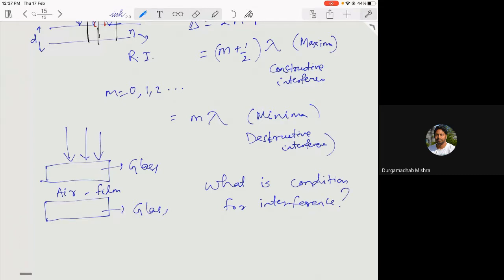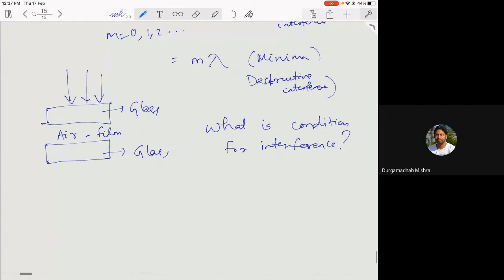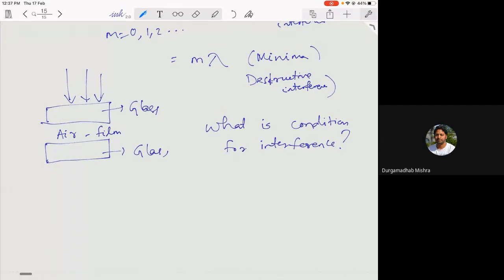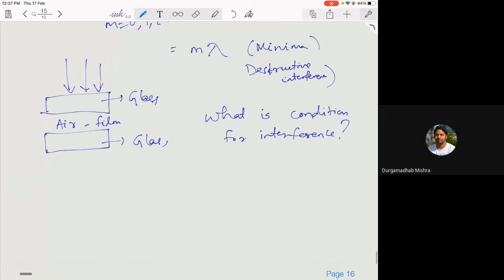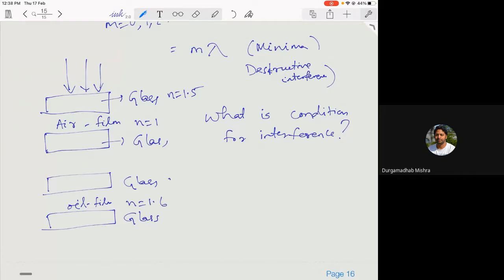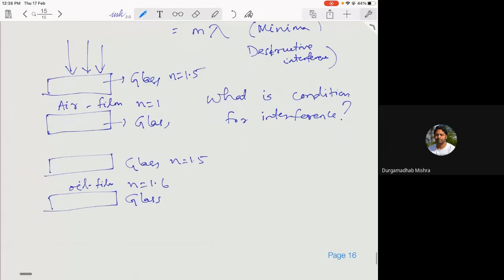I will give 3 examples, and give you a couple of minutes to think about it. This is one case. Another case I have is glass with an oil film. Here n is equal to 1, here glass n is equal to 1.5, here for the oil film n is equal to 1.6, and this is again glass at 1.5.